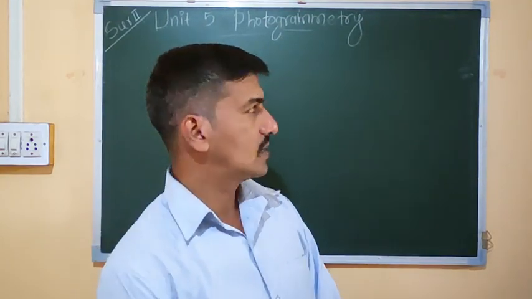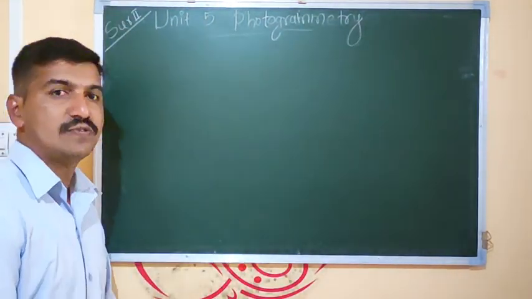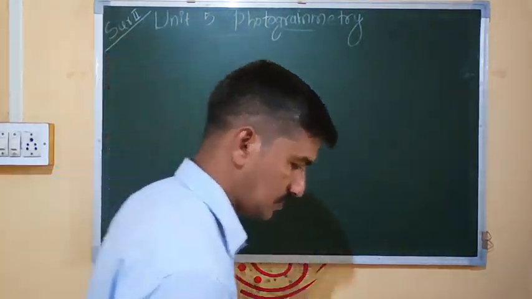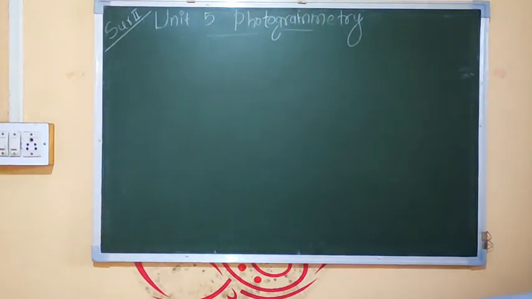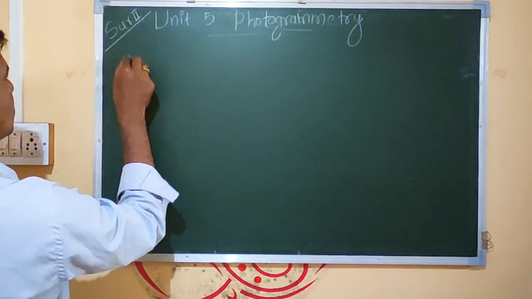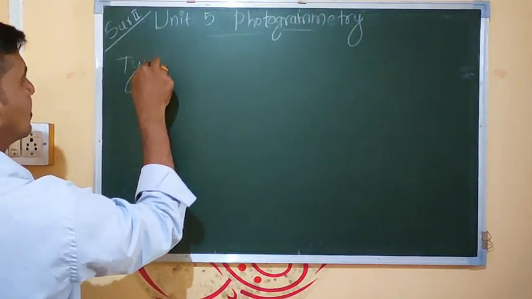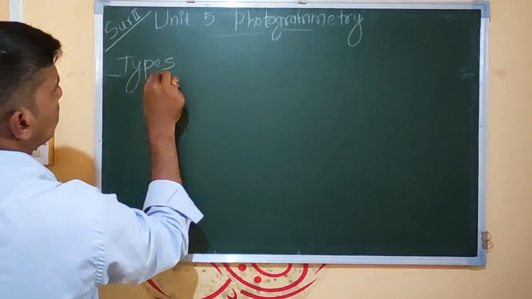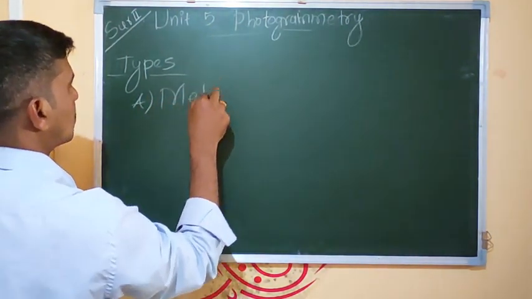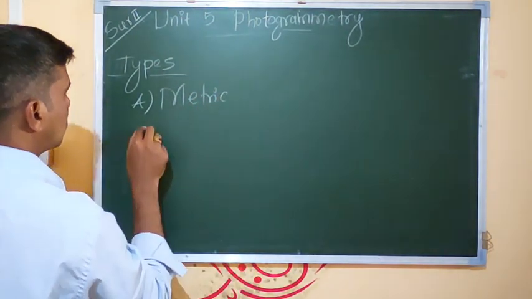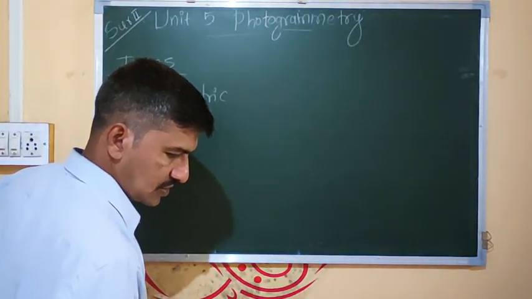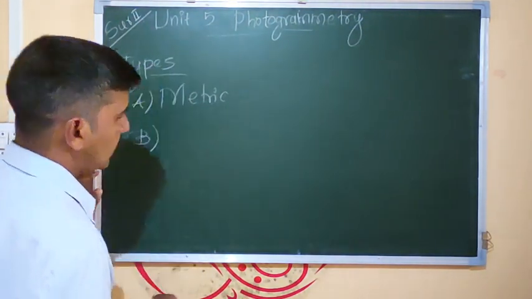Okay, so second, let's start with this. What are the different types of photogrammetry? Photogrammetry is mainly divided into metric photogrammetry, and the second one is interpretative photogrammetry.